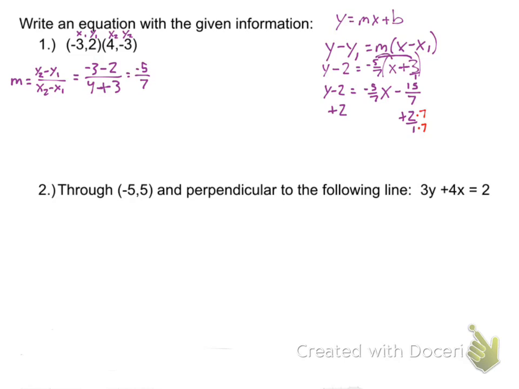So what's 2 times 7? So it'll be 14 over 7. What is negative 15/7 plus 14/7? It's negative 1/7.